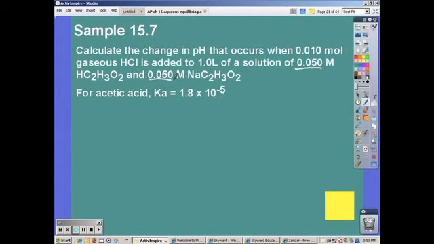Okay, same exact problem except we're starting with 0.05 molarity of acetic acid and sodium acetate. You have moles of each thing. React to completion.